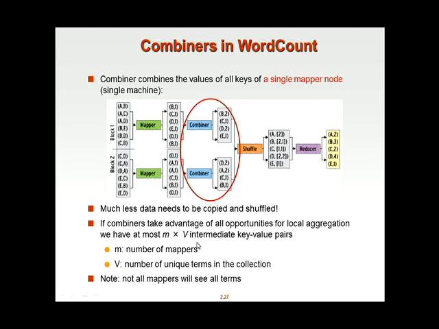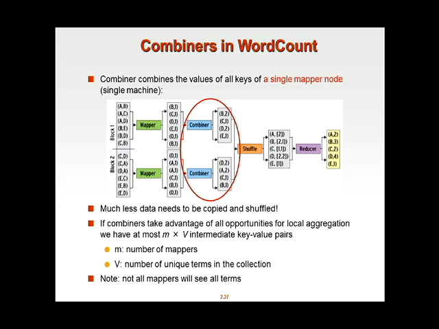And remember that on each mapper, we actually cannot see all the unique terms. So in practice, the real number is much, much smaller than this value. By using a combiner, the intermediate data size is reduced a lot. In the word count example, let's think about without using the combiner.